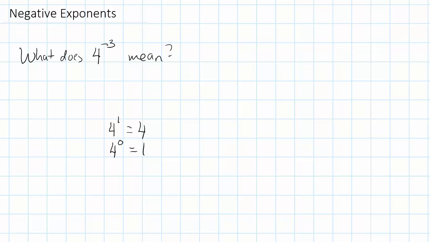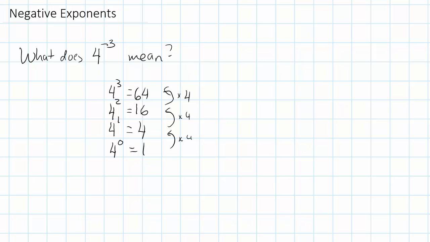That's 4. 4 squared, that's 4 times 4 is 16. 4 to the third, that's 16 times 4 is 64. You can write that out or use a calculator if you'd prefer. When we were going this way, we saw that we multiplied by 4 each time.